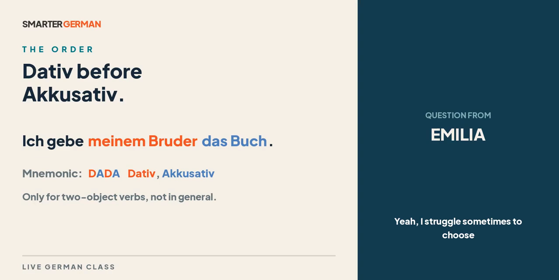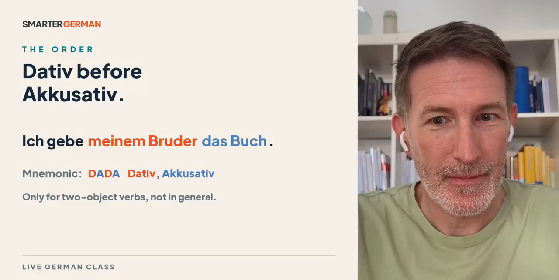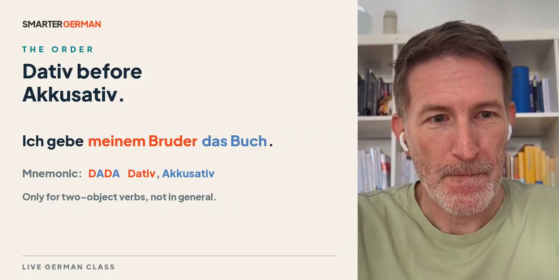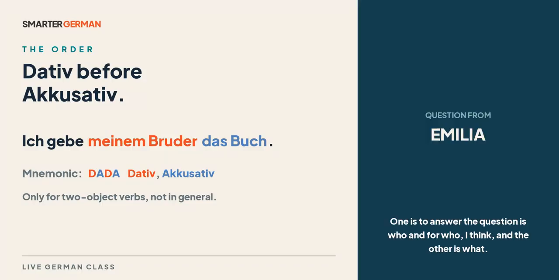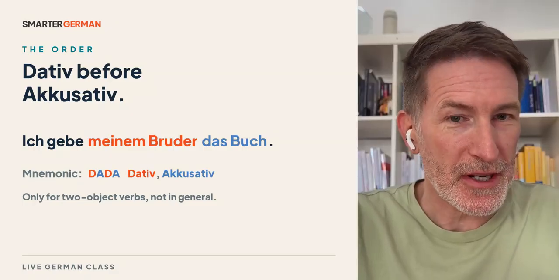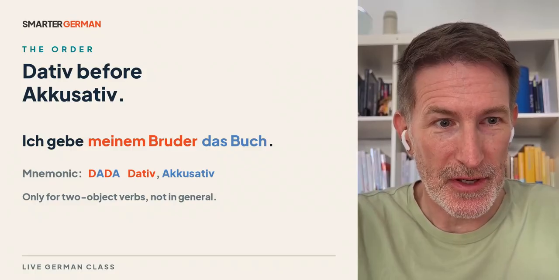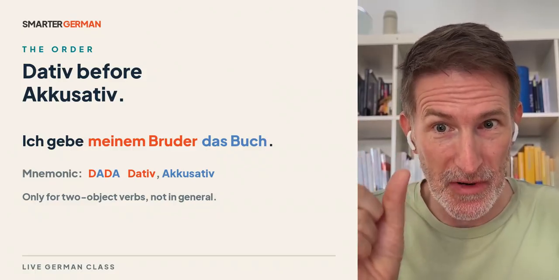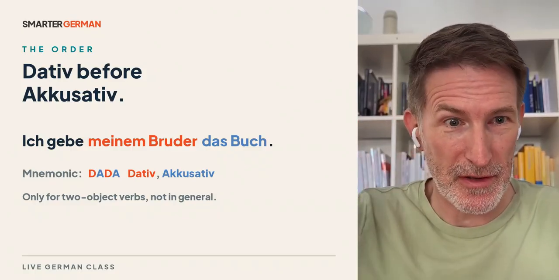I struggle sometimes to choose dative, accusative. So ich gebe who. One is to answer a question is who, and the other is what. Okay, in this very context, this is correct. So again, the context is very important. You cannot transfer this to anything else.